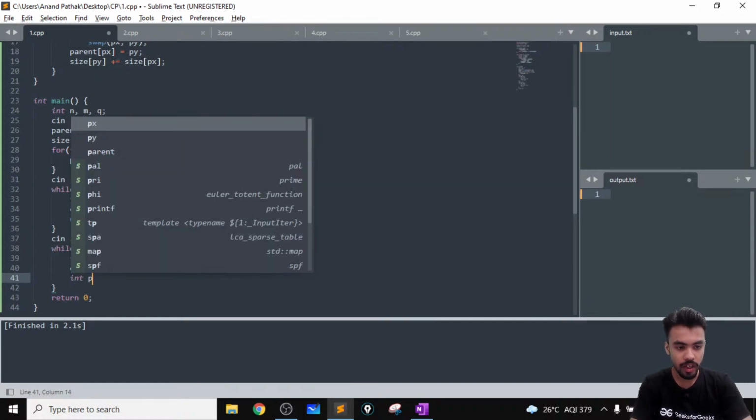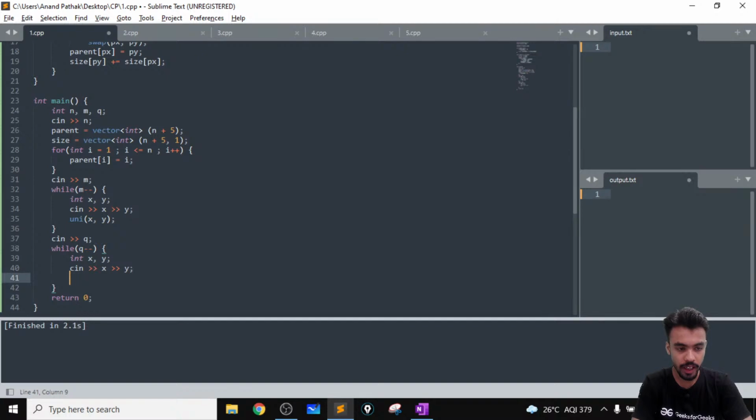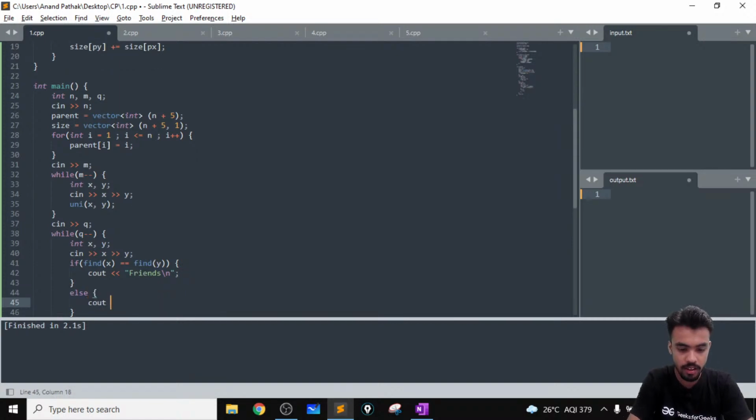So for that, we can just find the parent of x and the parent of y, and we can just compare them. So if the parent of x is equal to the parent of y, we can say that yes, these two values are friends of each other. Otherwise we can say that they are not friends.